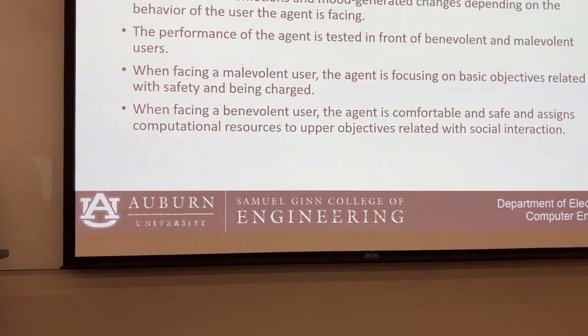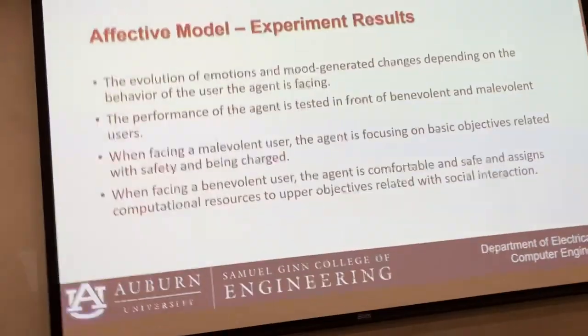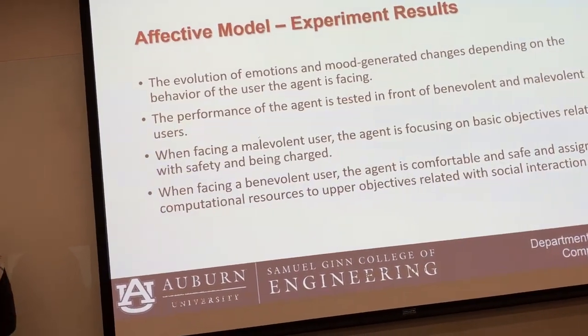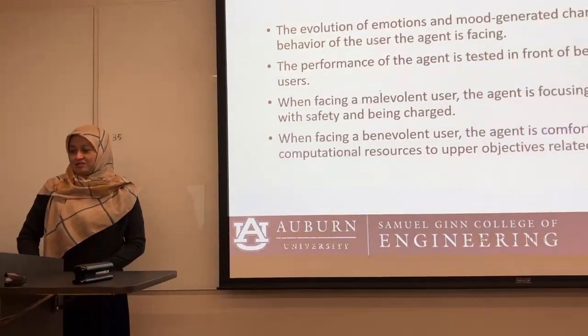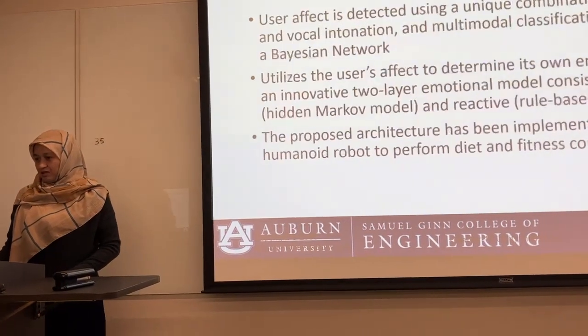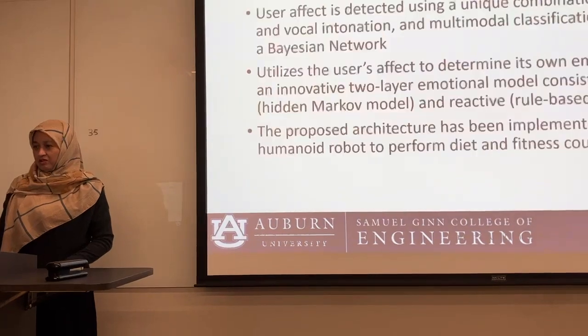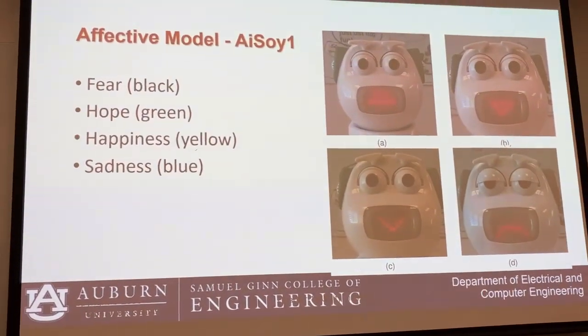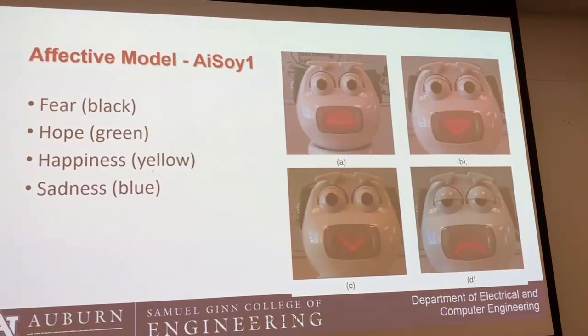Do you see any situations where the robot wouldn't have full access to every emotion? Yes, I think so, because in this one they only have four emotions: fear, hope, happiness, and sadness.